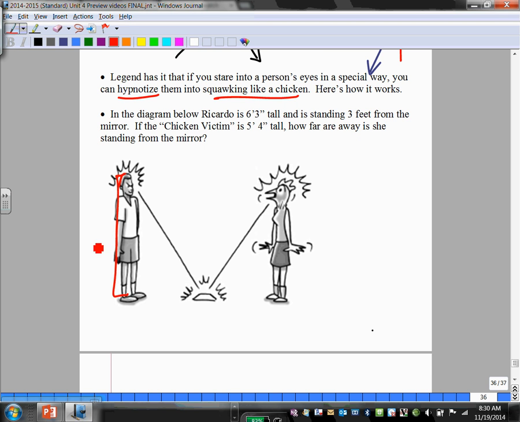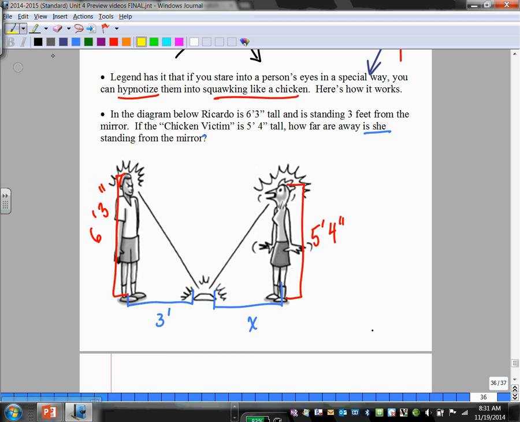Let's put our information here. 6 feet 3 inches tall, and is standing 3 feet away from a mirror. If the chicken victim is 5 feet 4 inches tall, how far away is she from the mirror?